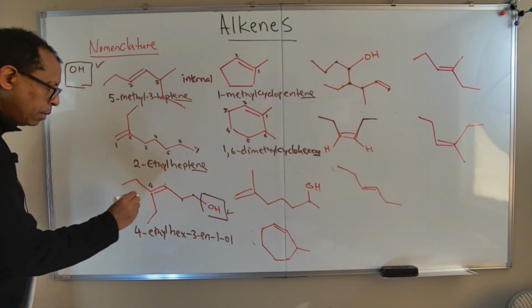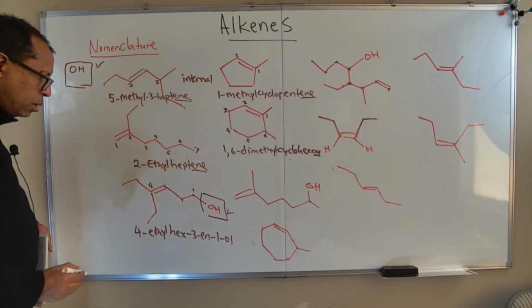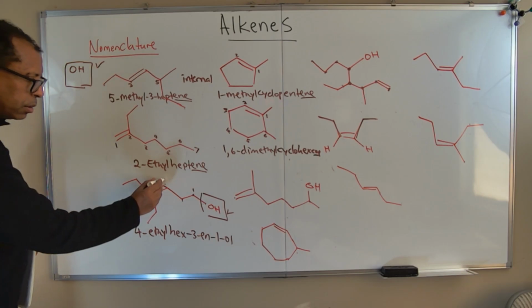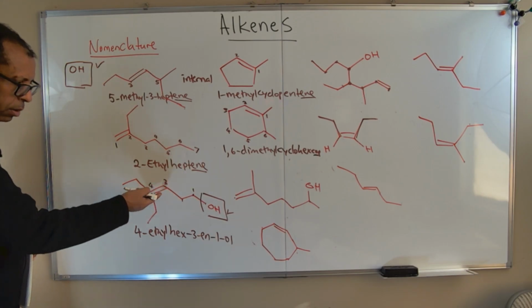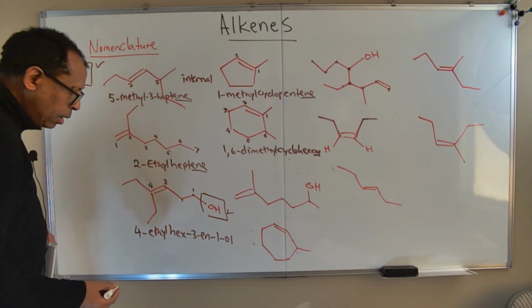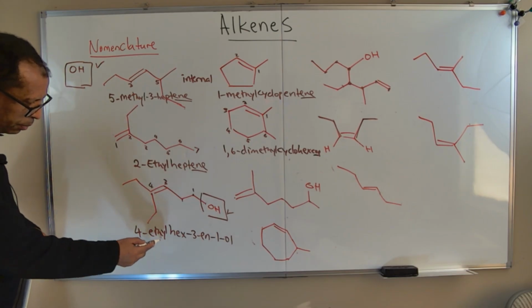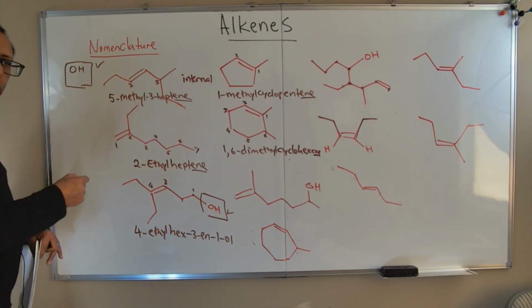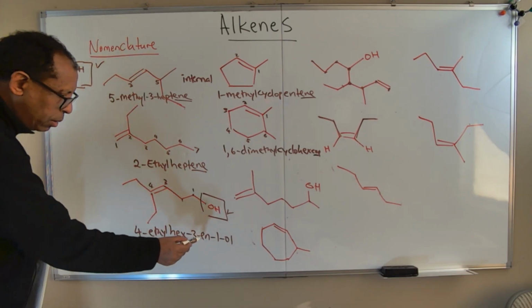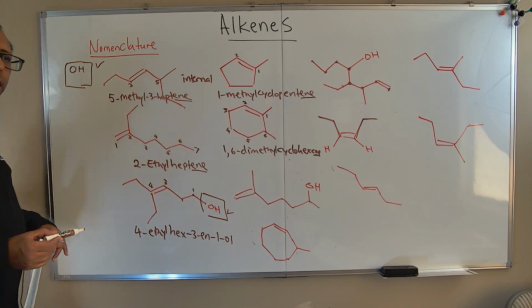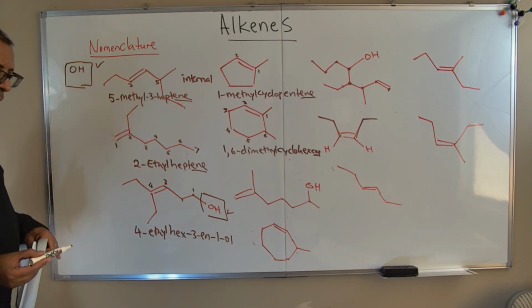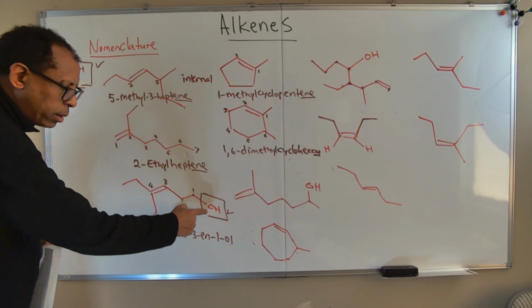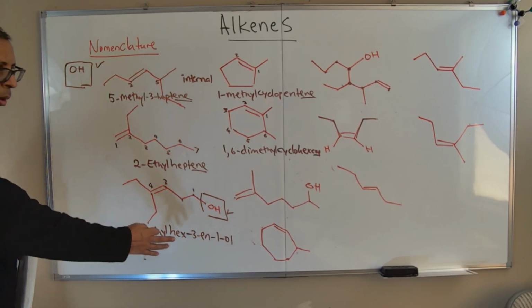This is 1 position. But 3 is the first thing you encounter. So now 4-ethyl, hex, because it is 6 carbon, 3 where it is en, the alkene, and 1 where the alcohol is, 1-ol.